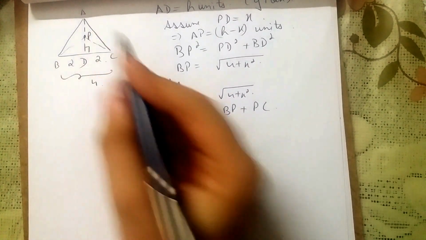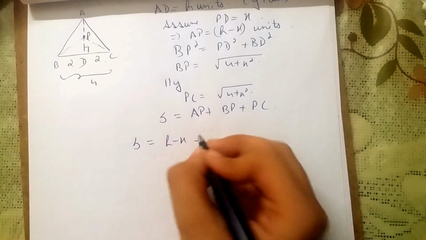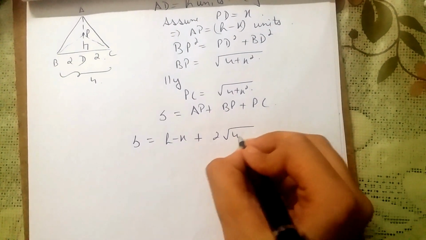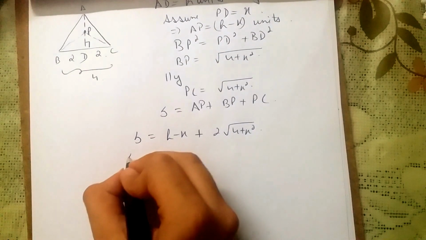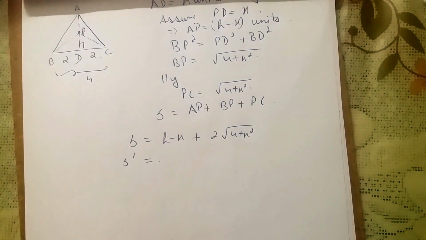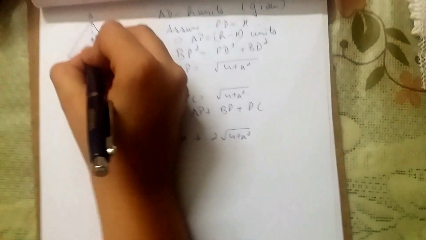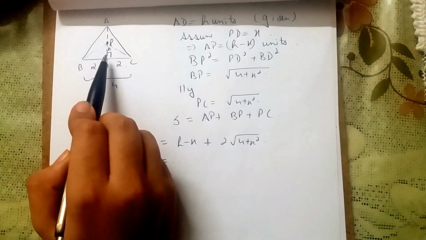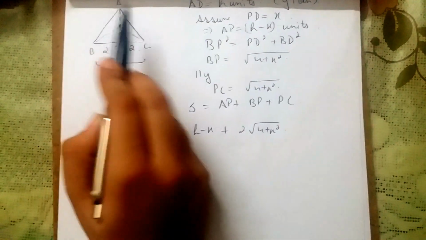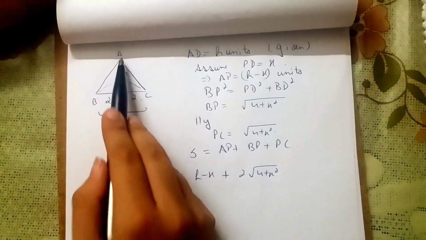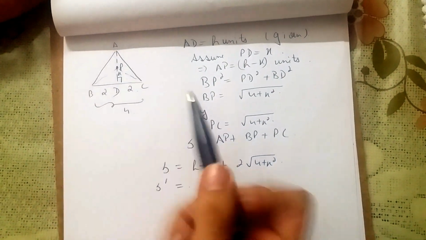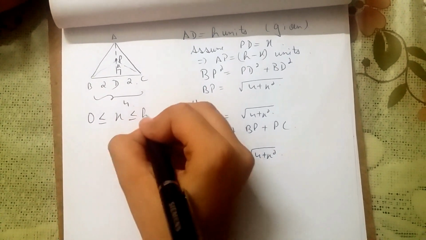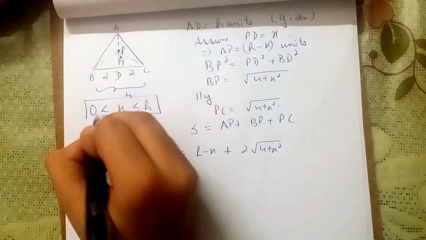S will be equal to AP, which is h minus x, plus BP and PC, which is 2 into root of 4 plus x square. Before we take the derivative, x can be anywhere on AD. It can have a minimum value of 0 and a maximum value of h. It can lie anywhere on AD, including points A and D. Therefore, we need to restrict our domain, and here we go.